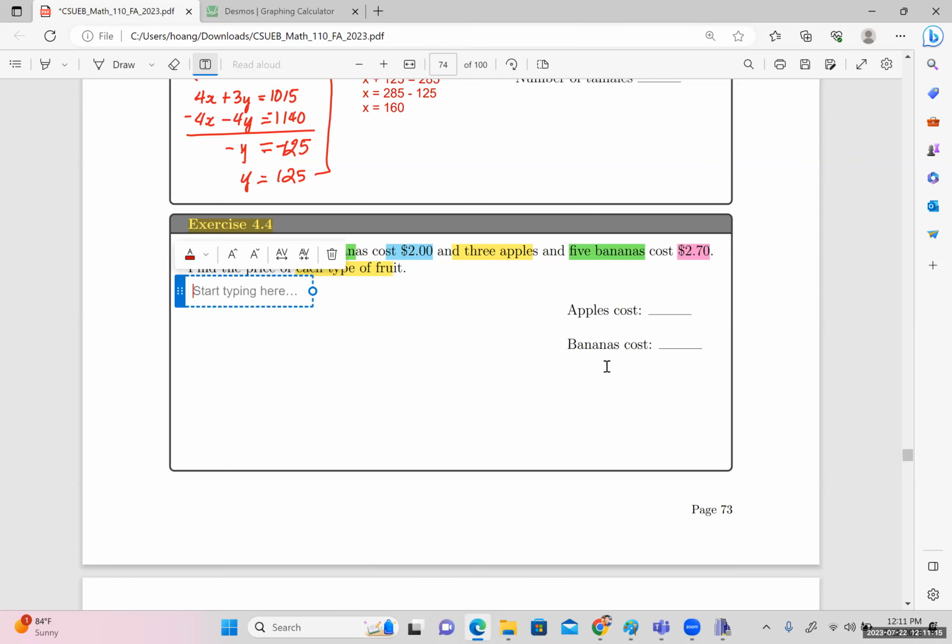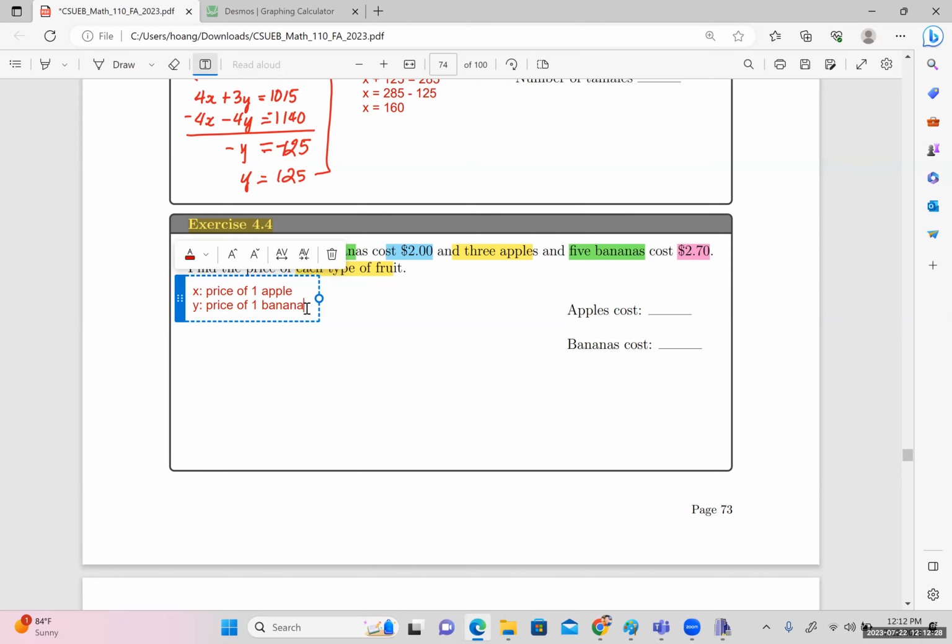So let's say x is the price of 1 apple, and y is the price of 1 banana.